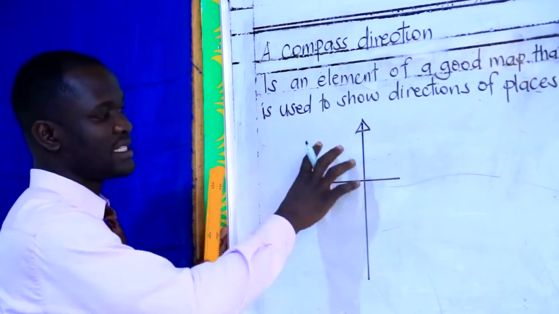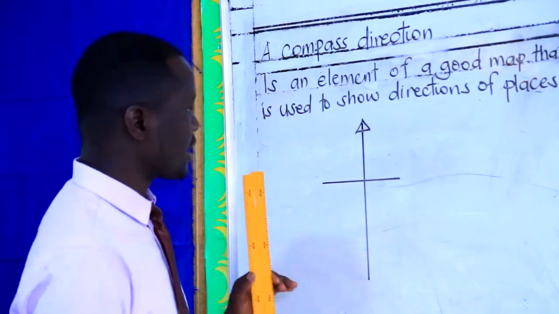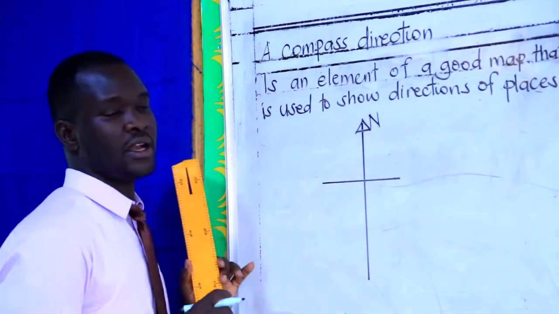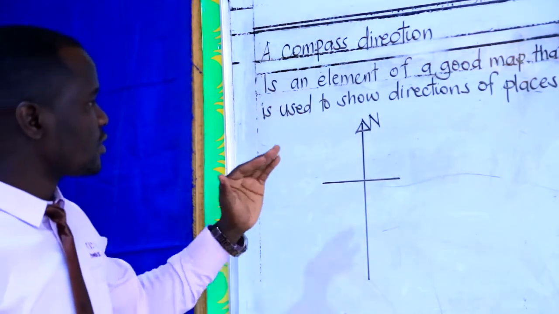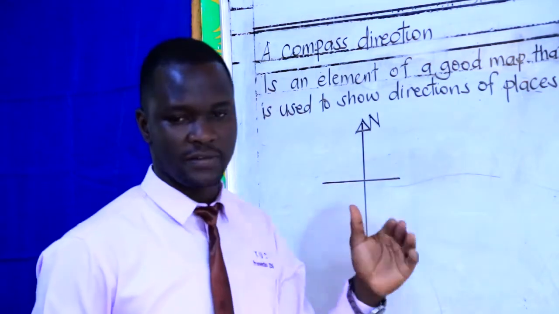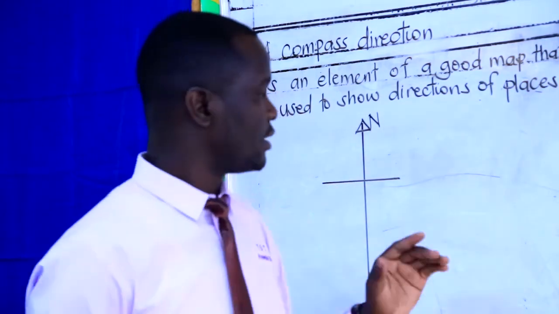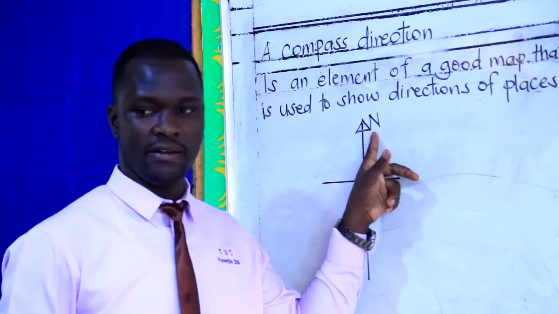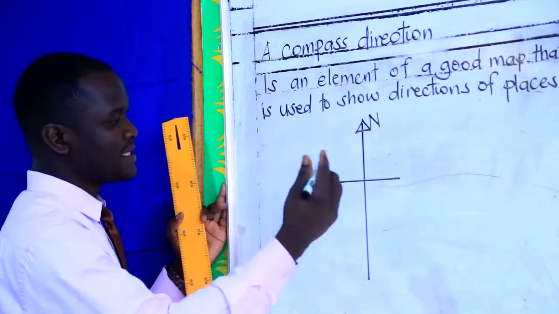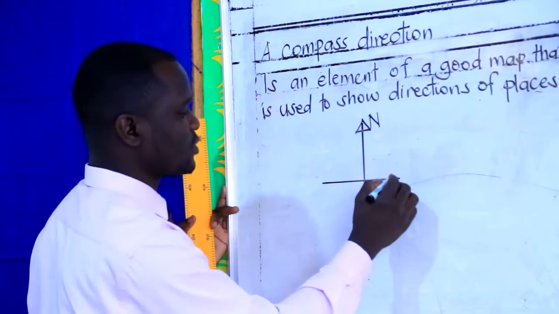It's from the compass that we get the compass directions. So this pointer always points north. So if you are asked, which direction does the pointer of a compass face while at rest? It faces the northern direction.